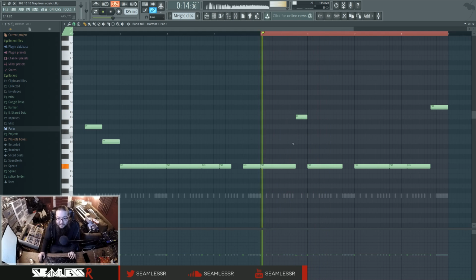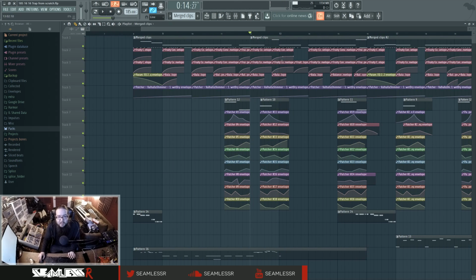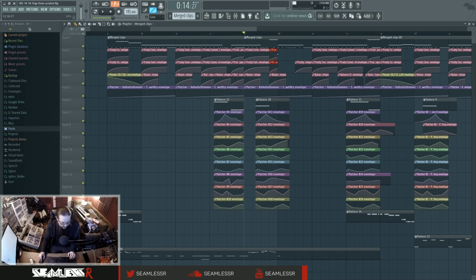That's just dumb. And of course now none of the sidechaining actually matches anymore. Well, that one does. The rest of it does because I moved it all.